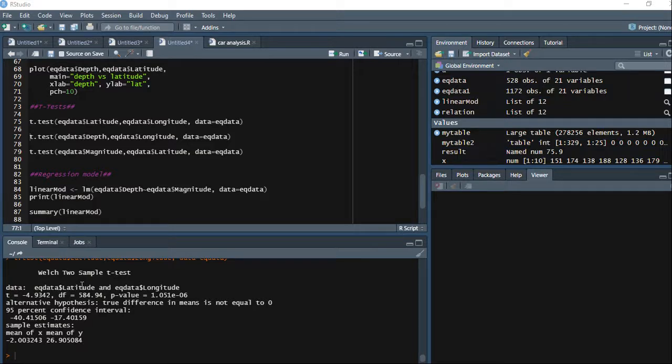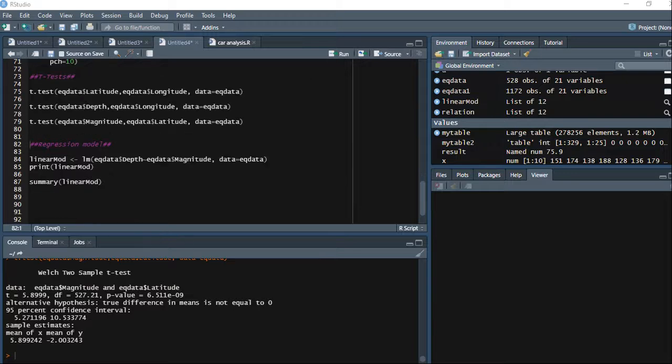We can see the t value, the degrees of freedom, the p-value, and more. Let us look at the depth and longitude. Here are the sample estimates of the mean of x and mean of y, the t value, the degrees of freedom, the p-value. Let us look at the magnitude and latitude.